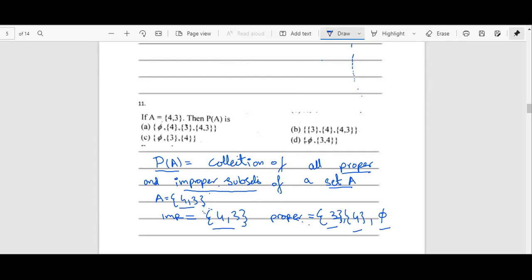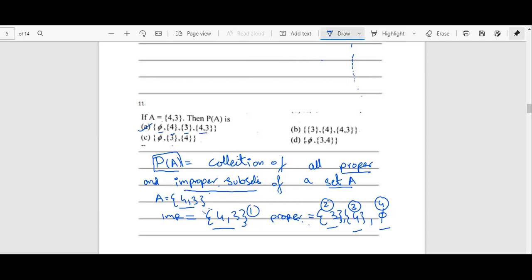So the collection of these is basically defined as P of A, right? So A is going to be the answer, because the A option has the null set, which is a proper subset of A, and the null set is basically a proper subset of every set. Then we have 4, which is a proper subset of A. 3, again, is a proper subset, and 4, 3 is the improper subset.